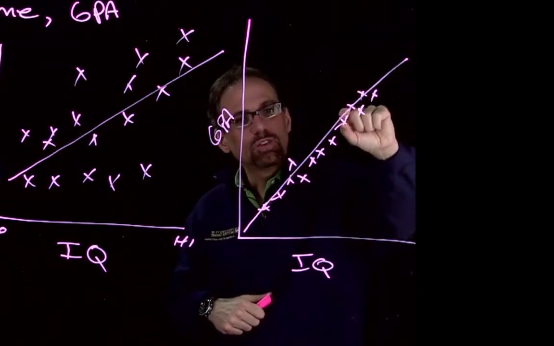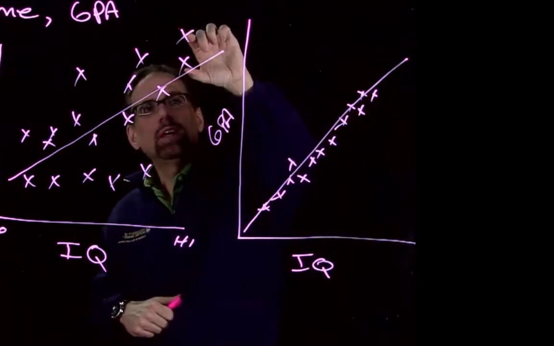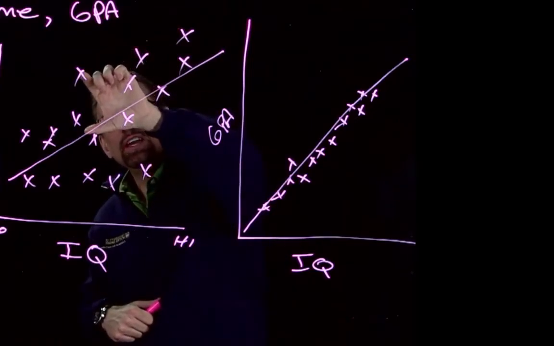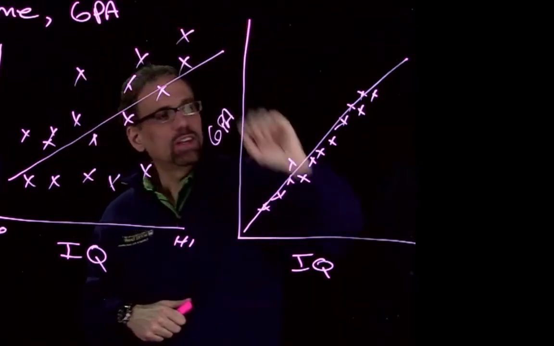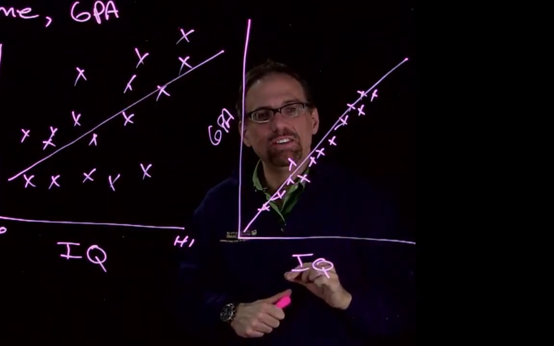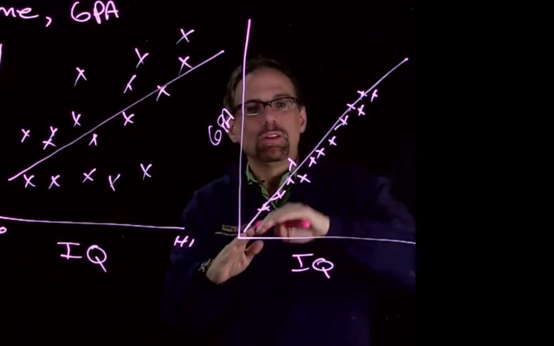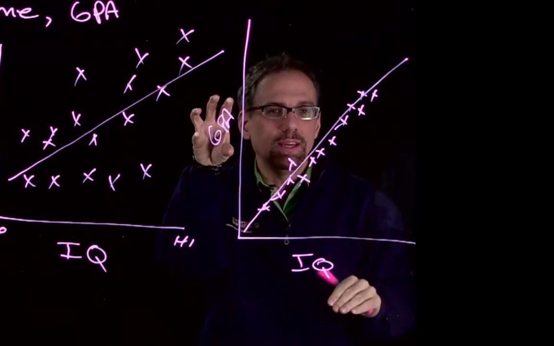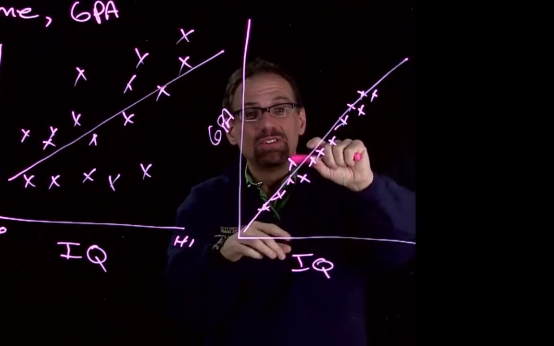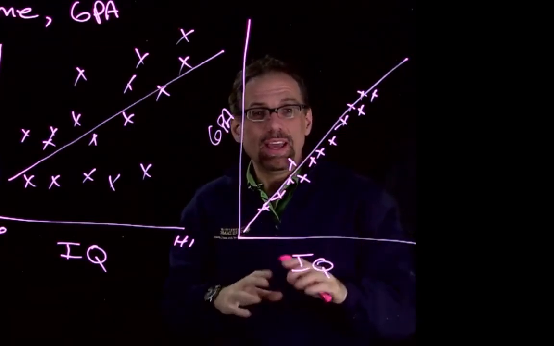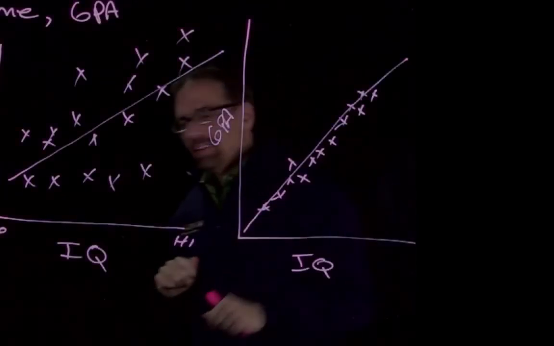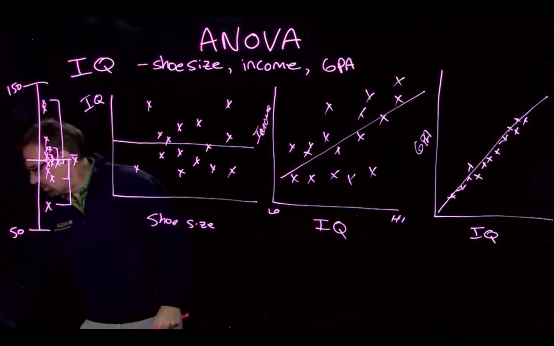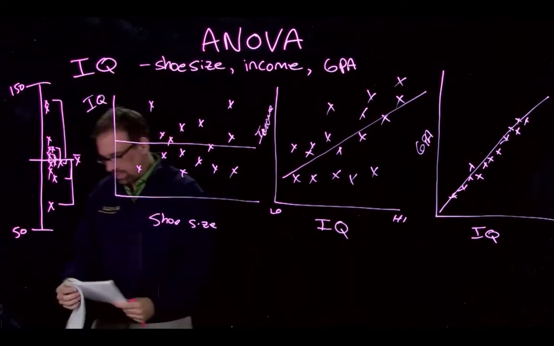These things are very close to the line. So instead of having these big parts that are deviations from this line, I only have little tiny deviations from this line. The variability in GPA is accounted for by the variability in IQ. So there's very little left in that GPA after I account for IQ. That's what we're doing when we're analyzing the variance.